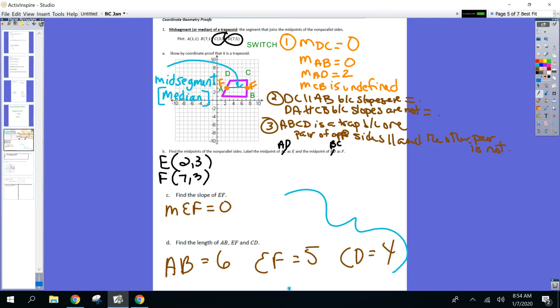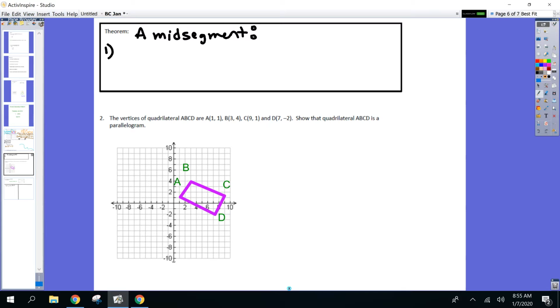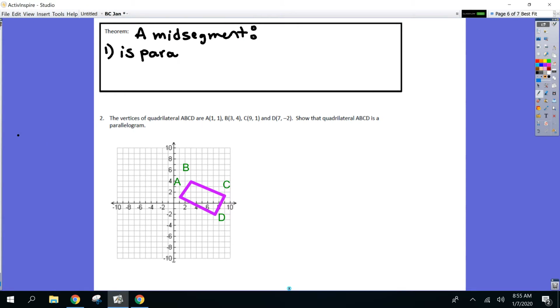So the mid-segment is parallel to the, give a big boy name. We used this yesterday, Aaron. Look at you. Mid-segment is parallel to the, what's it parallel to, Aaron? Yes, it's parallel to the two bases. Because everyone see all the slopes come out to be 0, that means they're parallel. So it's parallel to the bases, and this one's going to be a little tougher.